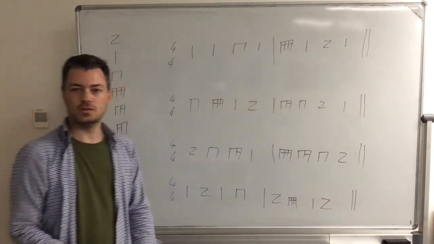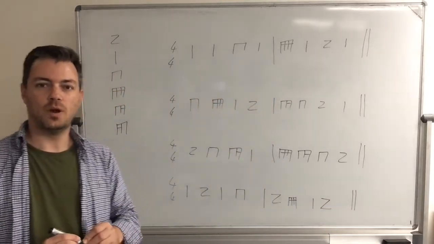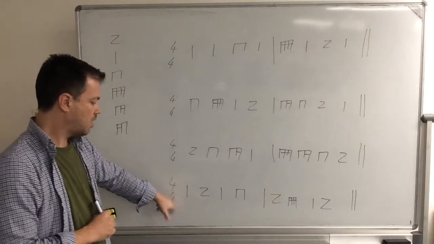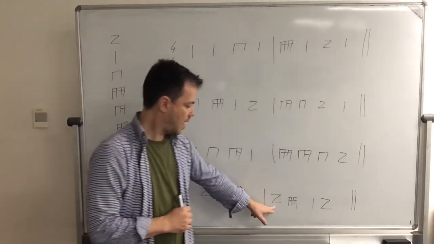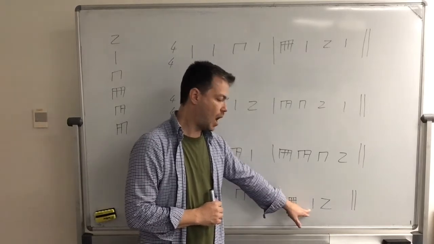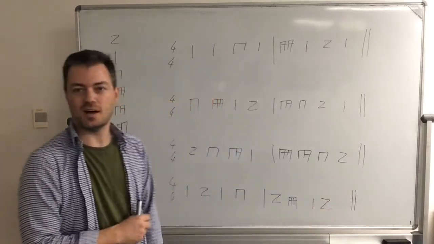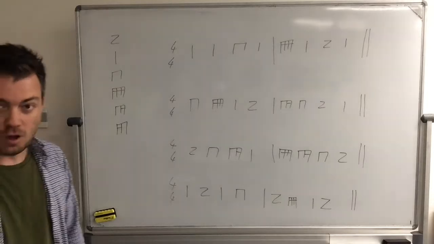Okay, there it is. Hopefully you went okay. So we had ta, za, ta, ti, ti, za, tika, tika, ta, za. There are quite a few zas in there. Hopefully you went okay.